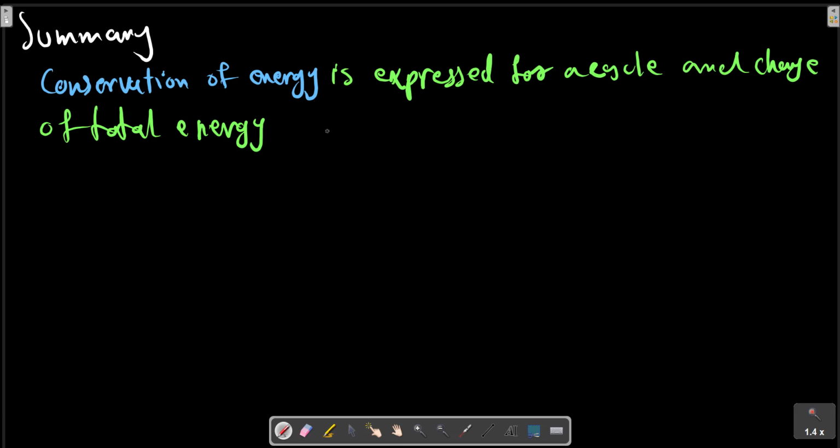They are then written for a control mass.